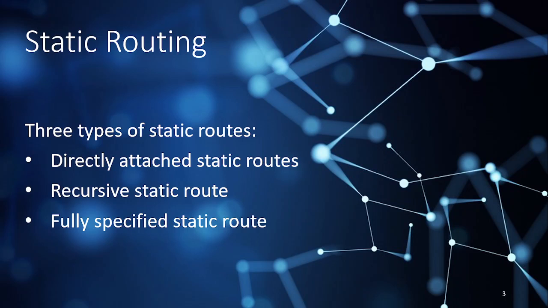Whereas in a recursive static route, we put in the next hop IP address. And in a fully specified static route, we put in both the next hop interface ID and the next hop IP address.